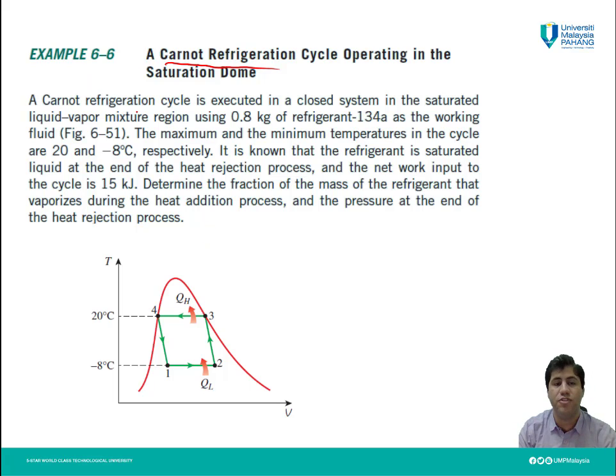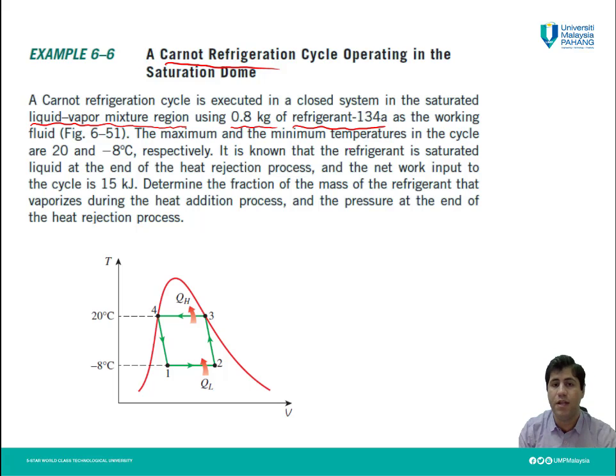We have a Carnot refrigeration cycle, which is executed in a closed system in the saturated liquid vapor mixture region, using 0.8 kilogram of refrigerant 134A as the working fluid. So the working fluid is this refrigerant and the mass of that is 0.8 kilogram.